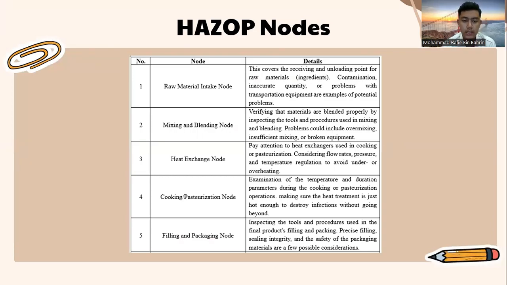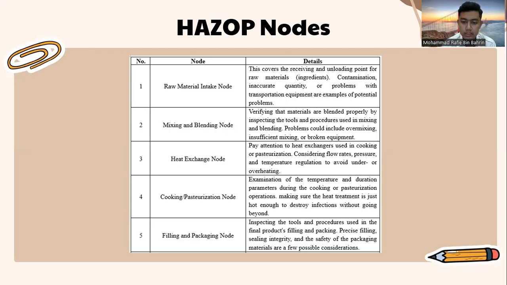Third one is heat exchange node. It pays attention to heat exchangers used in cooking or pasteurization, considering flow rates, pressure, and temperature regulation to avoid under or overheating. The fourth one is the cooking or pasteurization node.